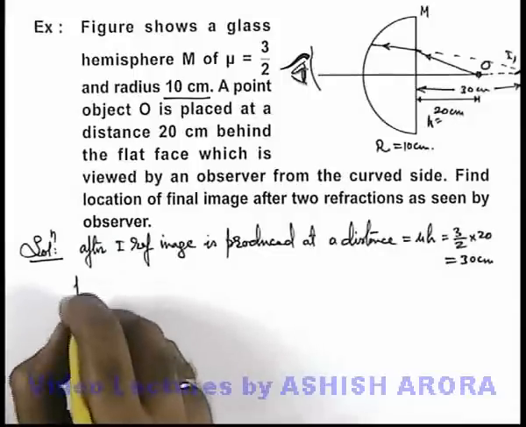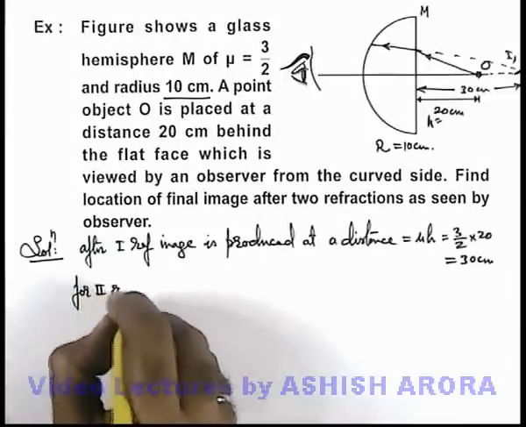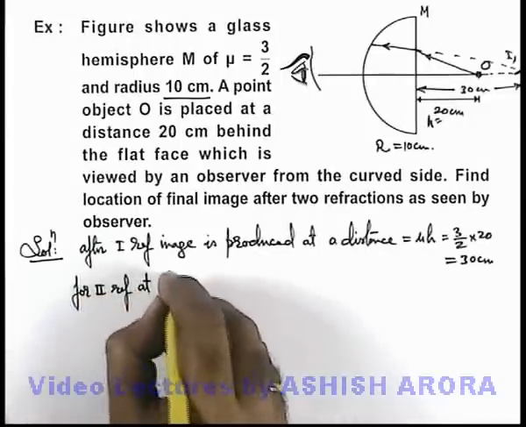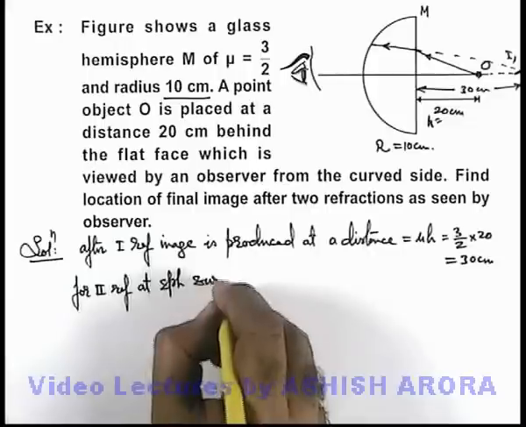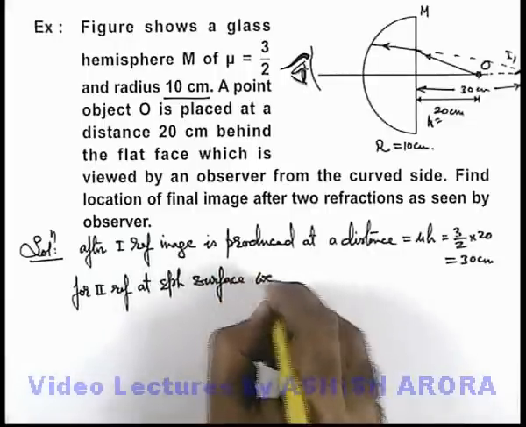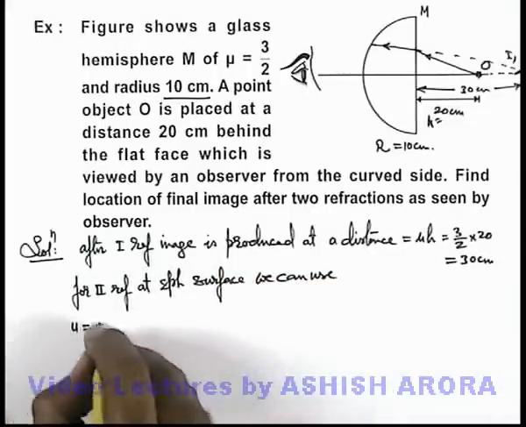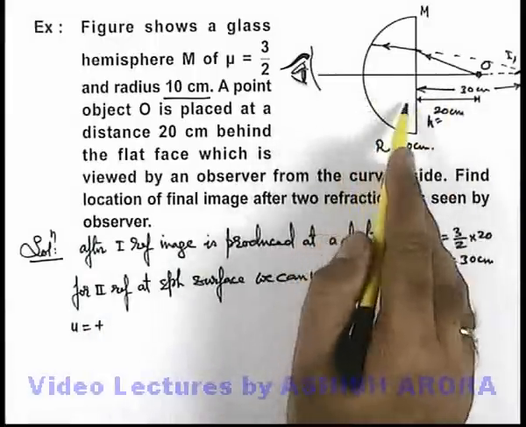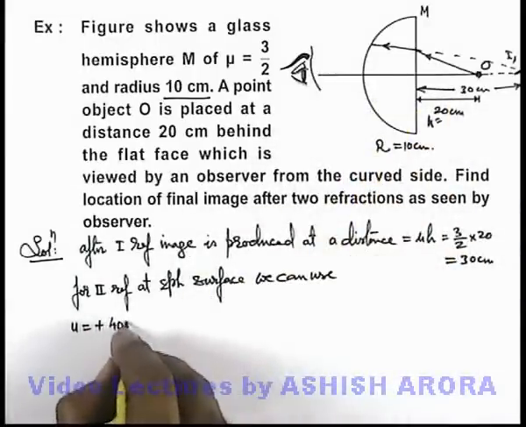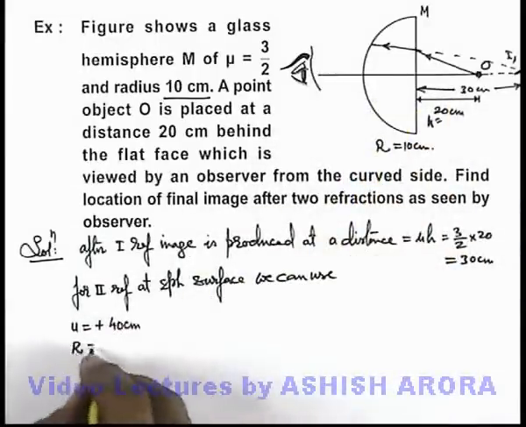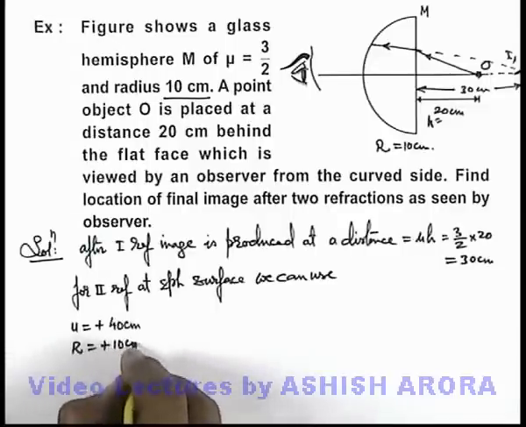So for the second refraction at a spherical surface, the data we can use is u equals plus, this will be 30 plus 10, which is plus 40 cm. Radius of curvature we can consider as plus 10 cm.